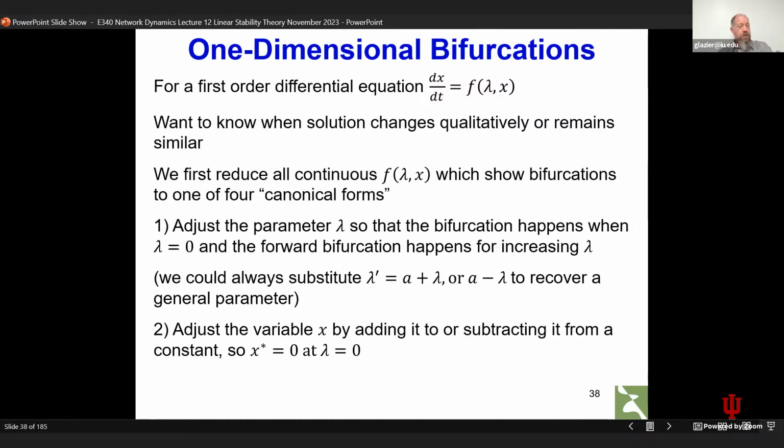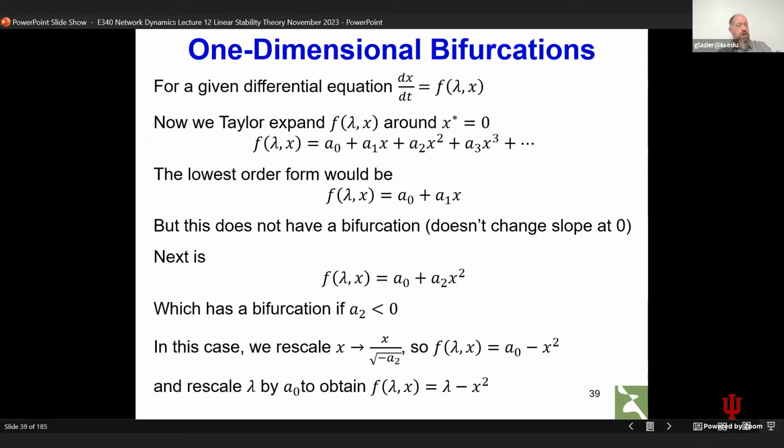And so what we're trying to do is take an arbitrary functional form, f of lambda and x, and we're going to slide it around so that the fixed point is at 0, and also the value of the parameter at which the bifurcation happens is at 0. And that's where the little bit of extra algebra comes from.